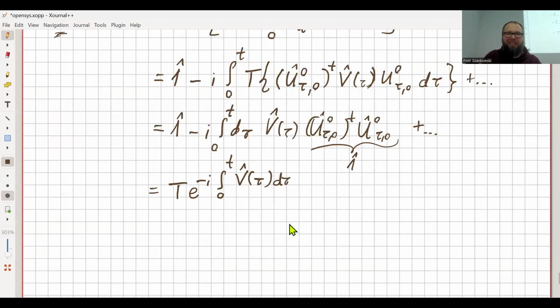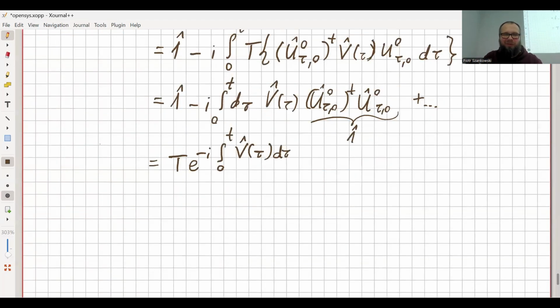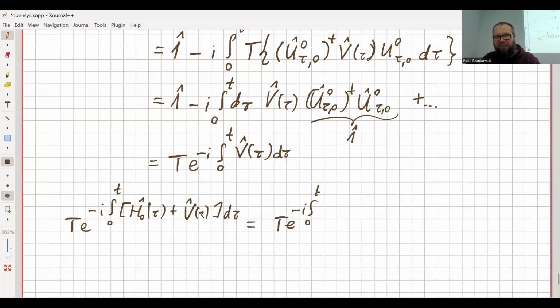In other words, if this was true, we would then show that time ordered exponent of minus i integral 0 to t of h0(tau) plus V(tau) is simply T exp of i integral 0 to t h0(tau) d tau times exponent of minus i integral V. Which is not true.